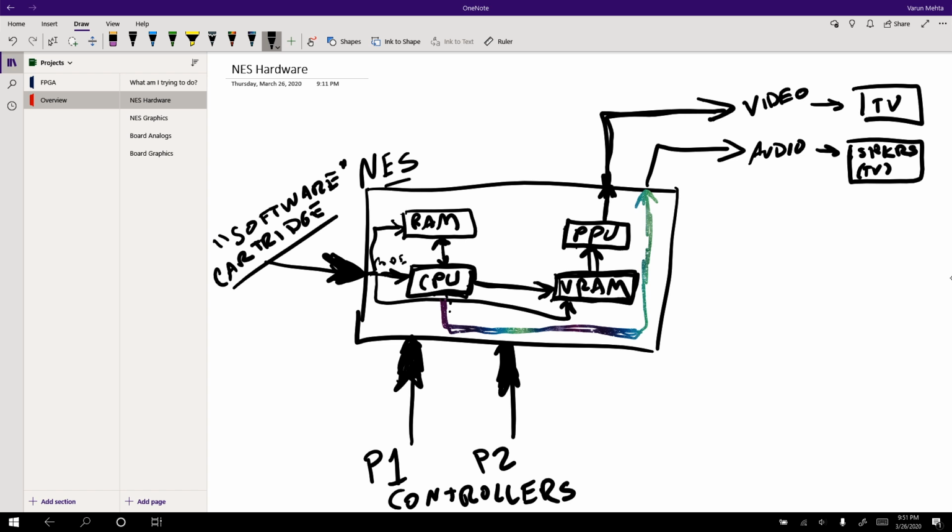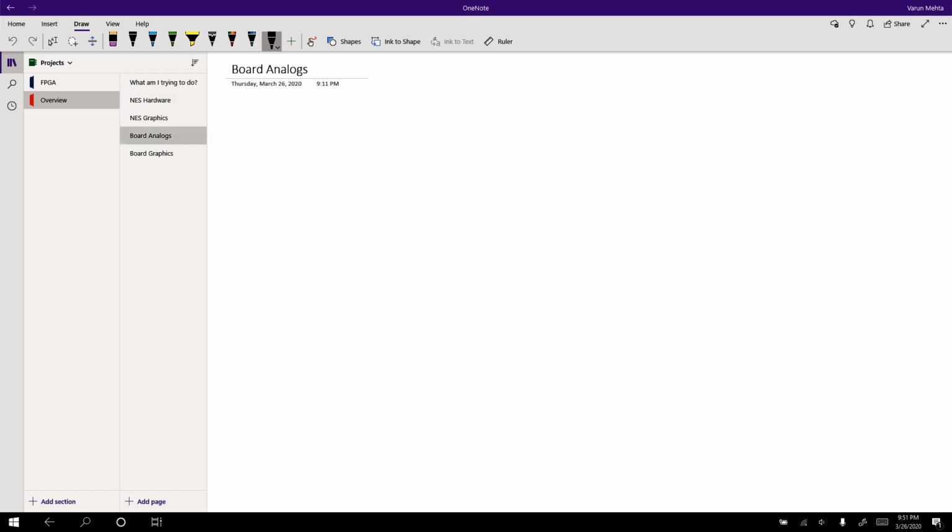So we just talked about NES hardware, right? And we said, okay, there's RAM, there's video RAM, there's a CPU, there's a PPU, and I can't remember the exact models here.